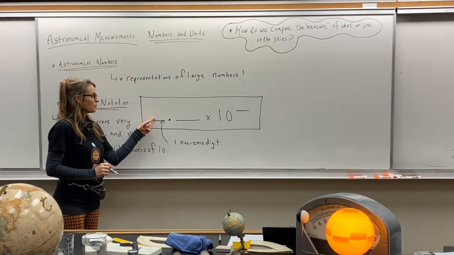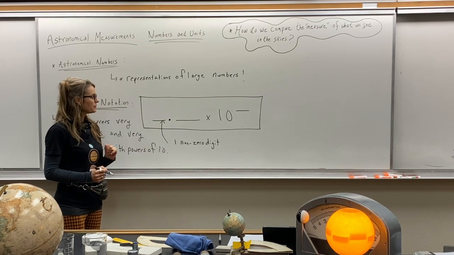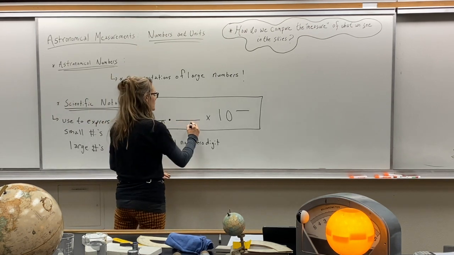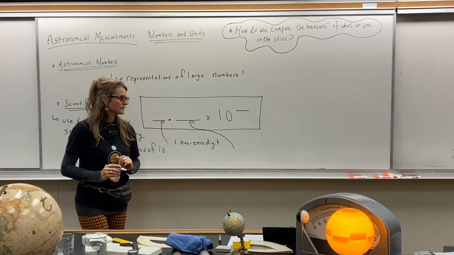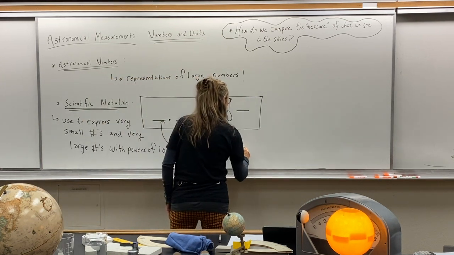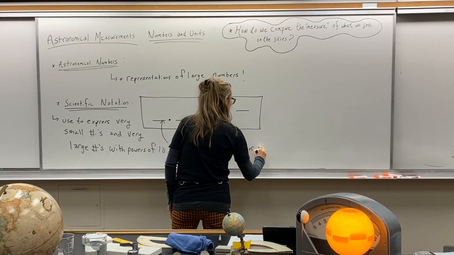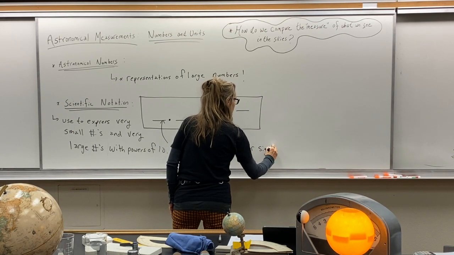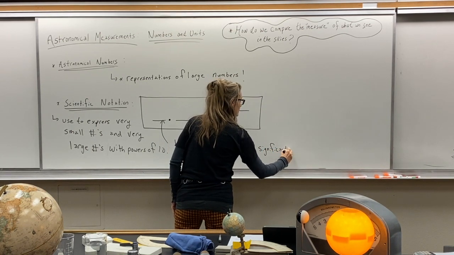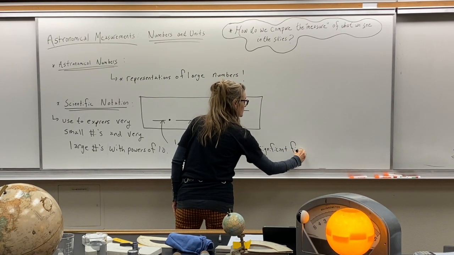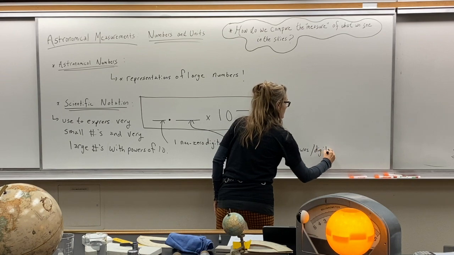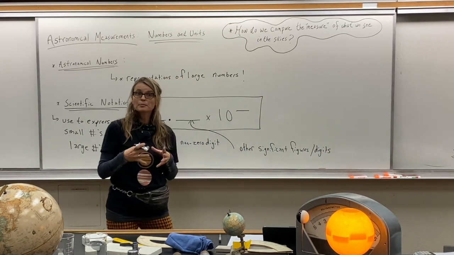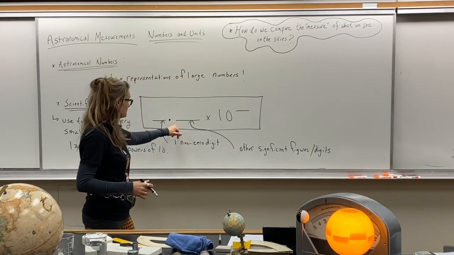So for example, 1, 2, 3, 4, 5, 6, 7, 8, 9. Either one of those will go there. And then we use the other digits we put behind the decimals. Okay, the other parts of the number behind the decimal.